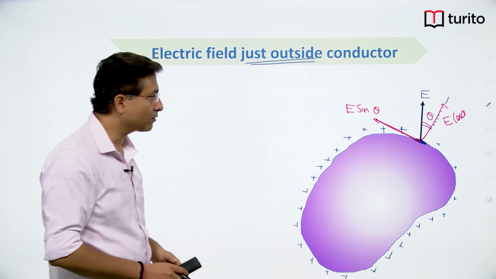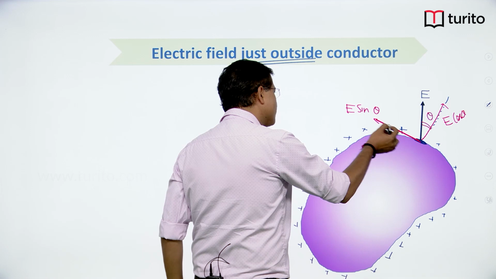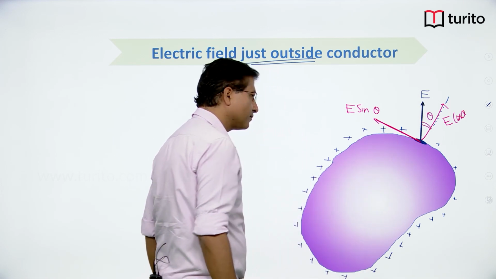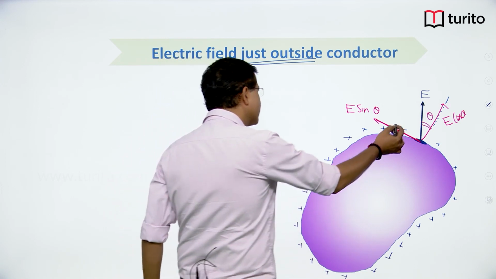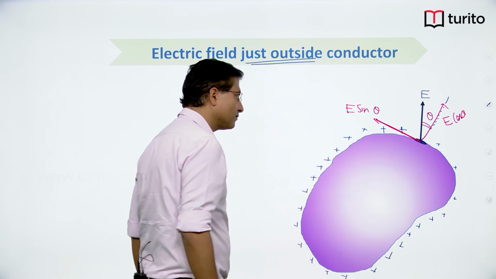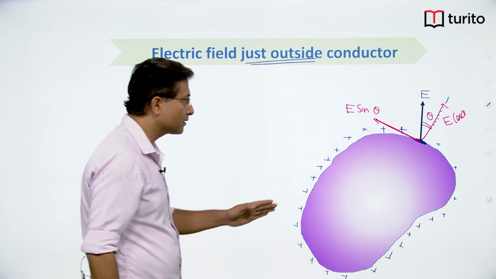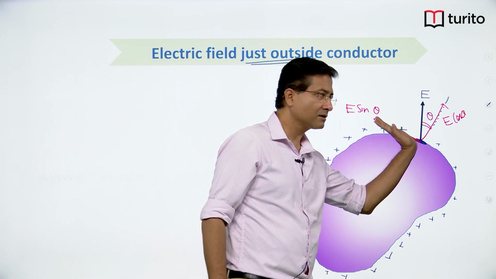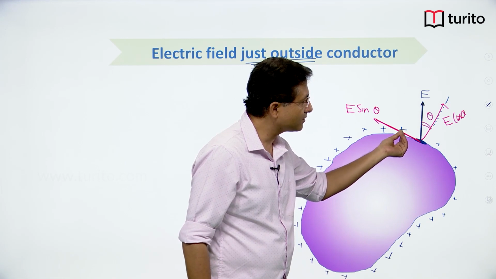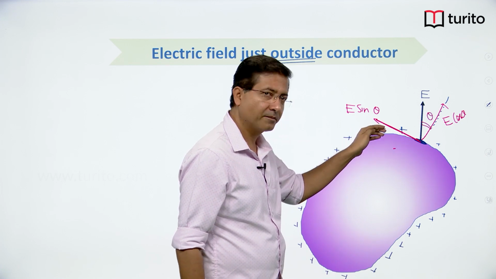Look at the component along the surface. Because of this component, the charge here will experience force and it starts moving along the tangential direction. That means this is not the electrostatic condition. If any component of the field is along the surface, the charges near the surface start experiencing force this way and they start moving.